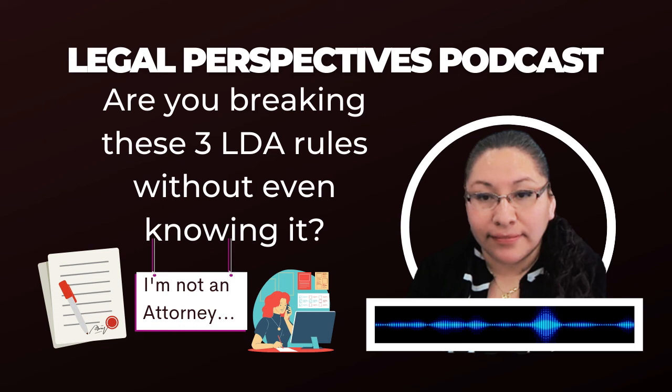Finally, the third rule that LDAs should be aware of to make sure that the LDA is in compliance with the rules is the rules surrounding using appropriate wording in the LDA's business name to avoid confusing the public as to the type of services the LDA offers.